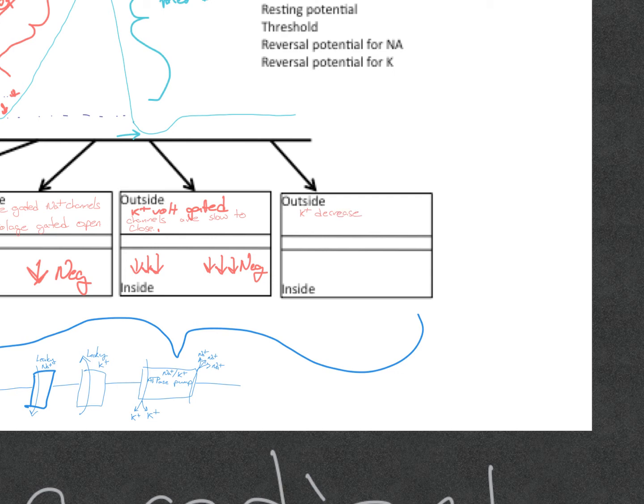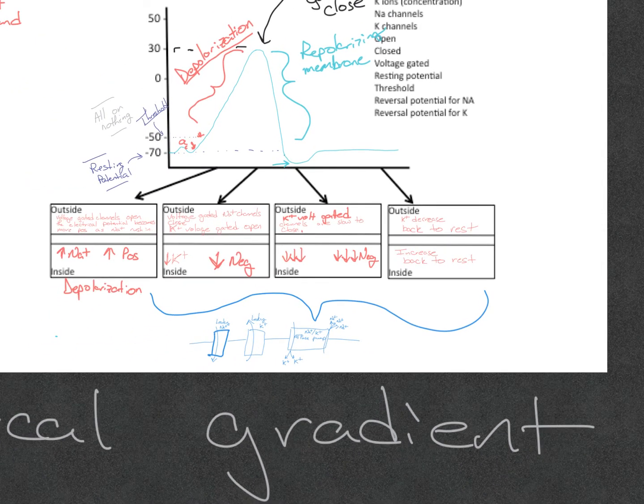The potassium inside increases, bringing it back to normal. Resting. Back to resting. Well, how do you get that? How do you get it to go back to resting? Well, think about it. These potassium voltage gated channels are closed, so potassium is not leaving the cell anymore.